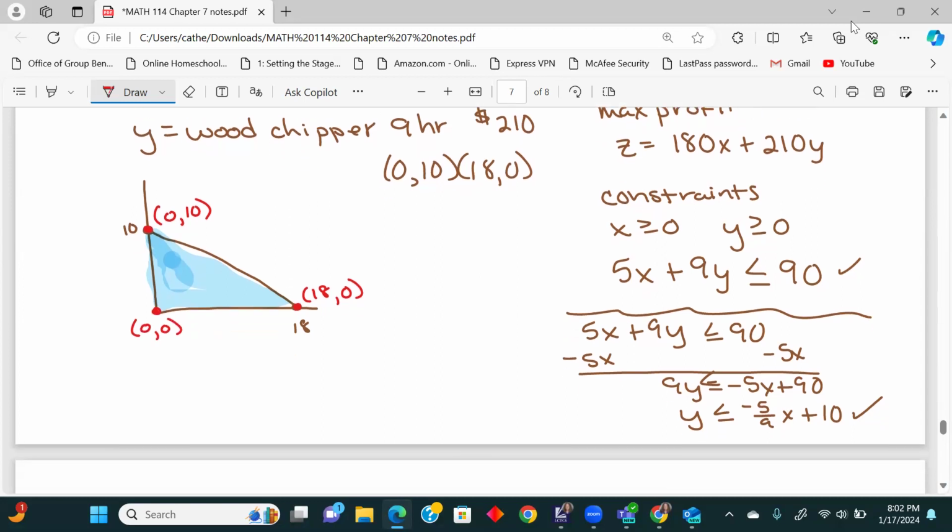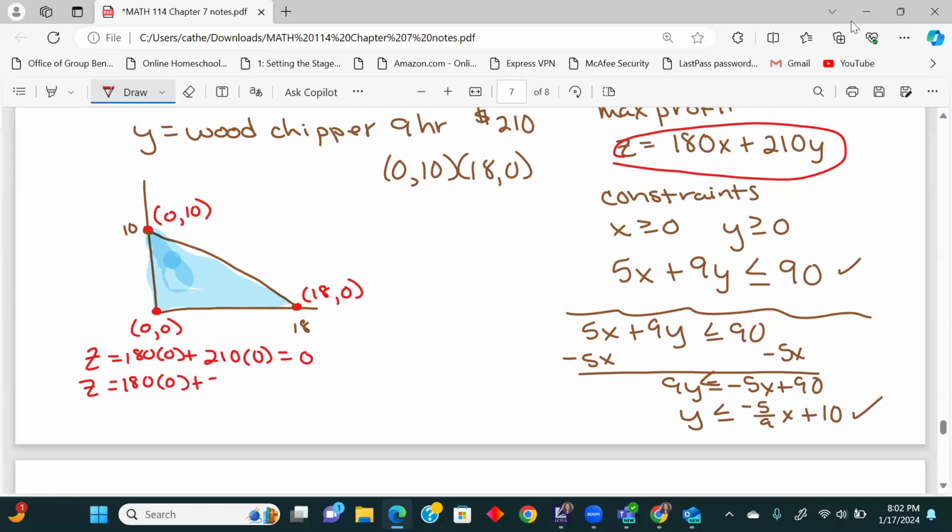So we want to maximize the profit, which is this equation here. If you plug in 0, 0, you get 0. Then let's plug in the 0, 10. And then plug in the 18, 0.